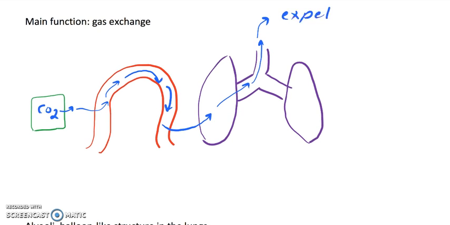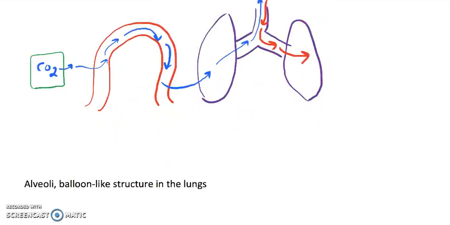This is also how we can take in oxygen, a gas that we need. So this is the respiratory system in a nutshell. Sorry, I said circulatory. And this gas exchange happens in your alveoli.